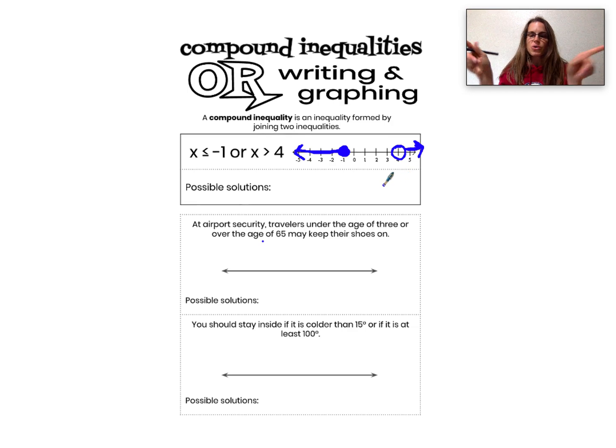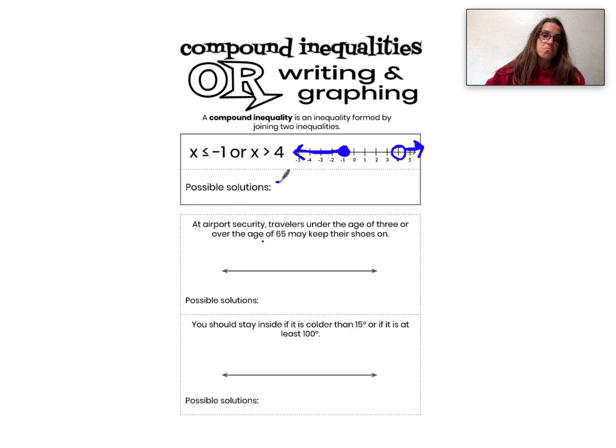This two arrows pointing out shape is the shape of every or compound inequality. X can't both be less than or equal to -1 and greater than 4 at the same time. So the solutions are the values of x that either lie in this region or this region.